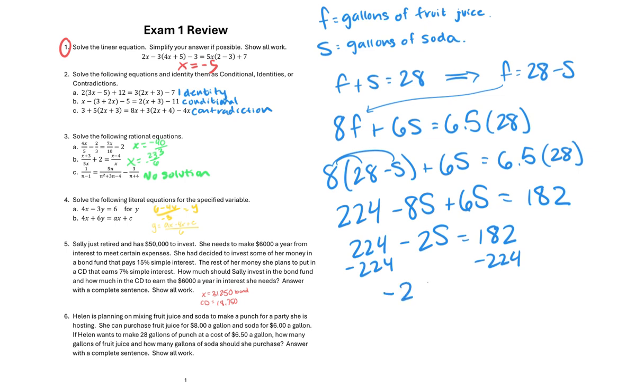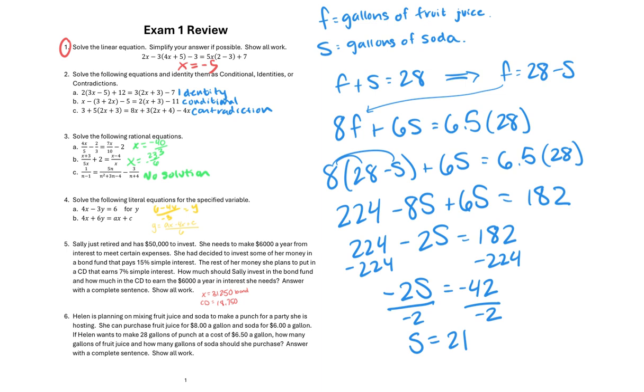So we get negative 2S is equal to negative 42. If we divide both sides by negative 2, negative 42 divided by negative 2 is equal to 21. So S is going to be equal to 21.